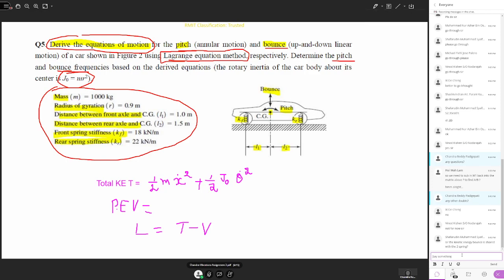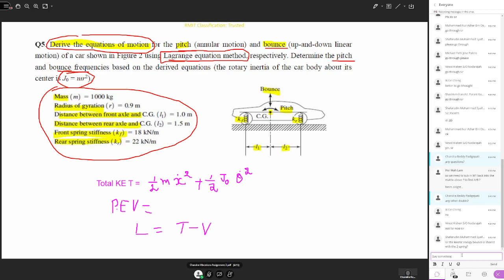So the angular displacement is one, and similarly the vertical displacement is only x. Theta is the same for both, so you can consider the entire body as one point mass.